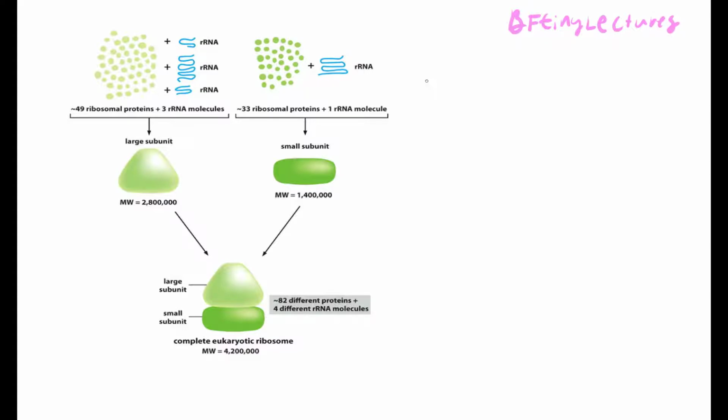For prokaryotes, the overall ribosome is going to be 70S, okay? Now the large subunit will be 50S, and the small subunit will be 30S.